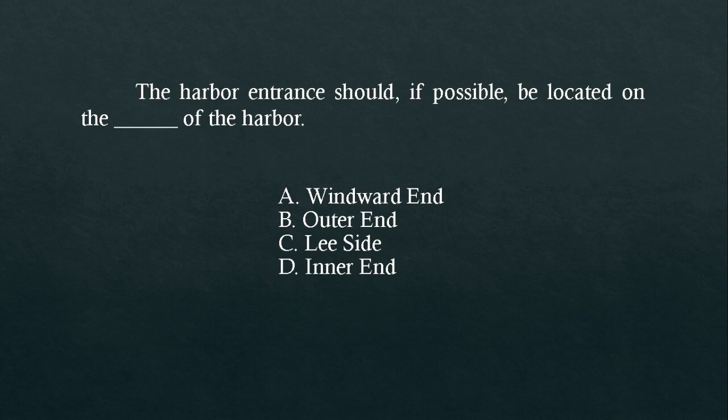The harbor entrance should, if possible, be located on the of the harbor.